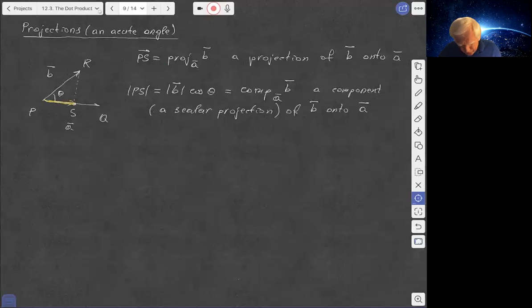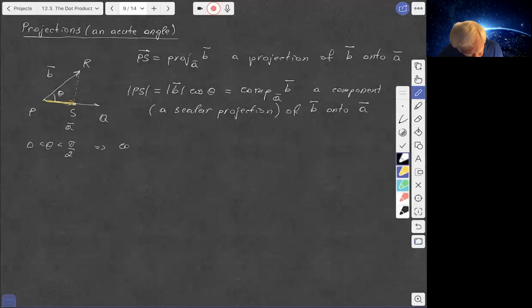Now, let's see if we can get a better expression for comp B onto A. But before that, I would like to mention one interesting thing. If the angle theta is between 0 and pi over 2, then the component of the projection is positive.